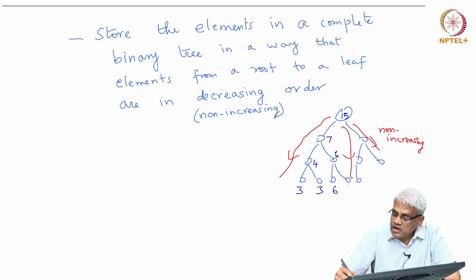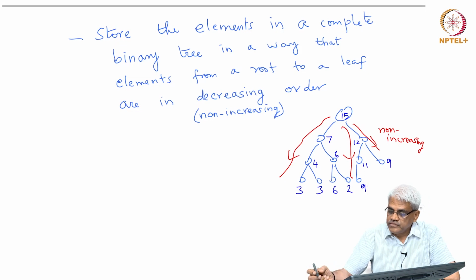6 and 2, 12, 11, 9 and maybe 9. So, as you read from root to a leaf, the elements are in decreasing order, or at least non-increasing order. 15, 7, 6, 6, 15, 7, 6, 2, 15, 12, 11, 9, 15, 12, 9 and so on.